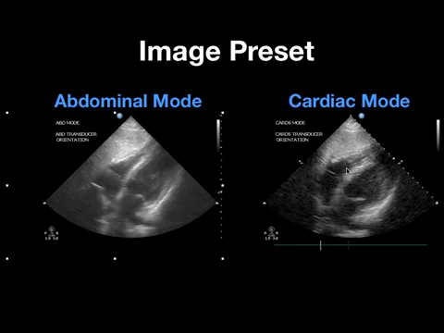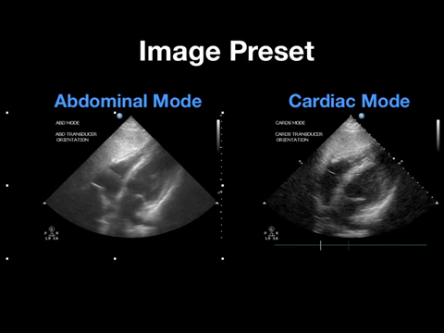I would advocate performing the FAST exam in the abdominal mode, since you've got 3 abdominal windows and 1 cardiac window. Keep it in the abdominal mode, and when you do the subcostal window, have the indicator directed towards the patient's right.